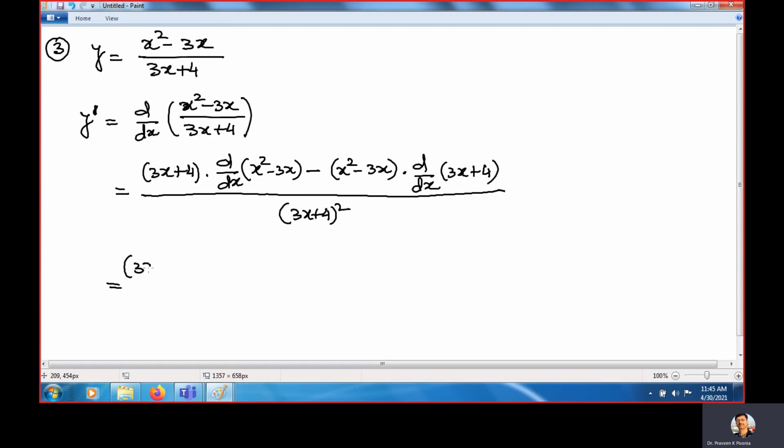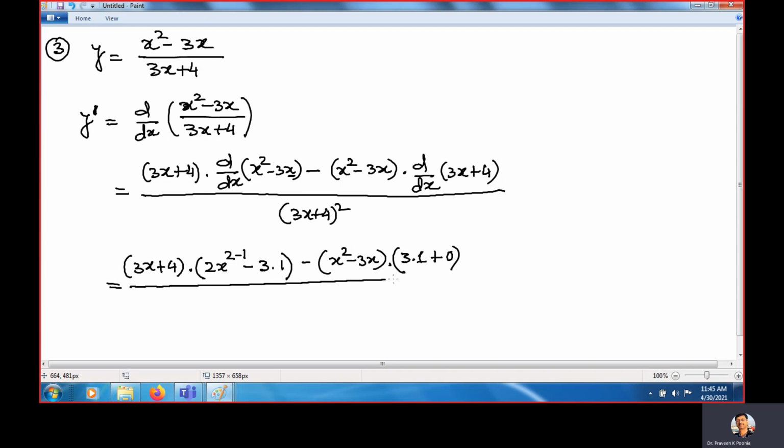That is (3x plus 4) into the differential of x power 2, 2x power 2 minus 1, minus 3 into the differential of x, which is 1, minus (x square minus 3x) times the differential of 3 into x, 3, the differential of x is 1, plus the differential of 4, 0, upon (3x plus 4) whole square.